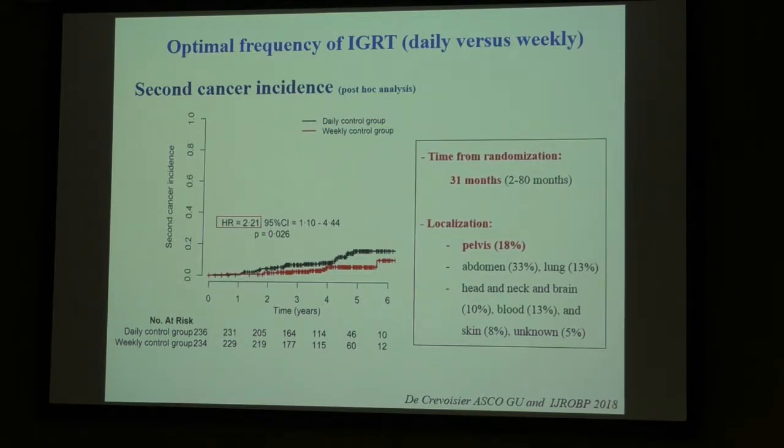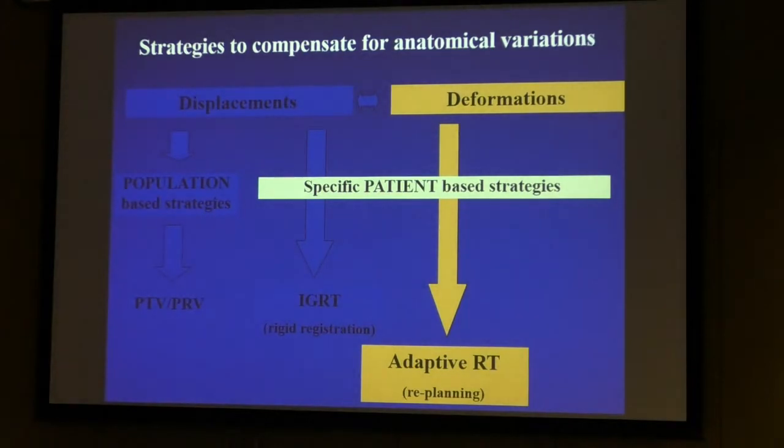These were the results. So, this was the case of prostate. And for prostate, the biggest issue, of course, is the displacement. But for most of the organs, the biggest issue is not only displacement, but deformations.